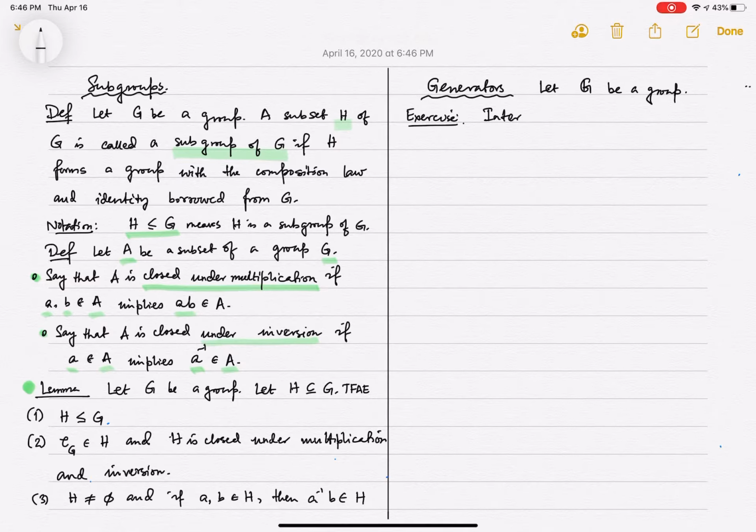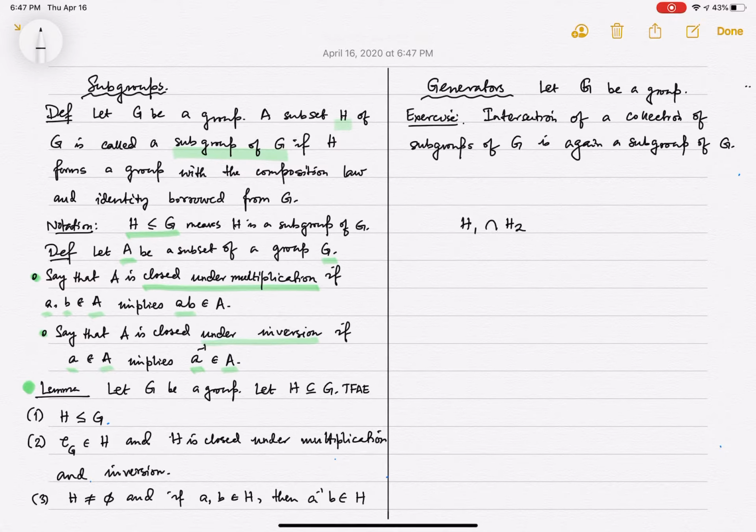The intersection of a collection of subgroups of G is again a subgroup of G. So it's saying that if you have two subgroups, then their intersection is again a subgroup.